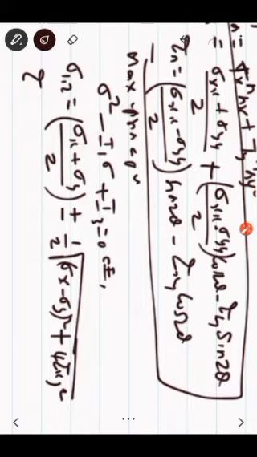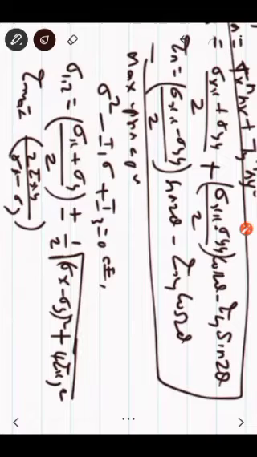Then you have tau n, that is tau maximum, equal to 2 times tau xy divided by sigma 1 or sigma x minus sigma y. So this is your maximum stress.